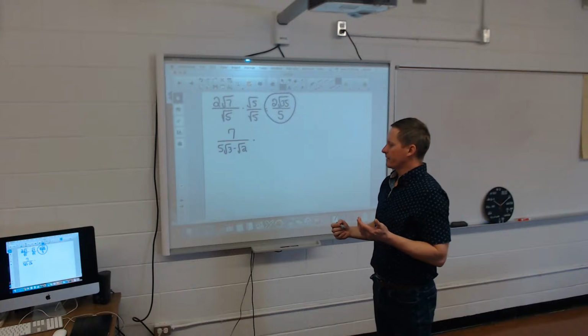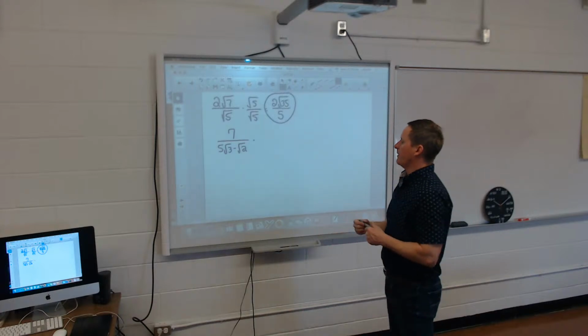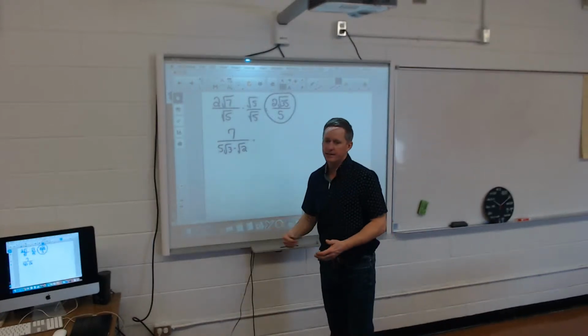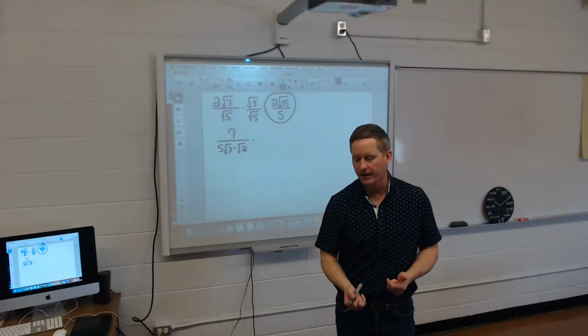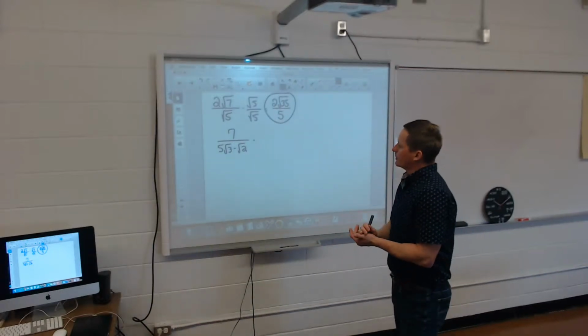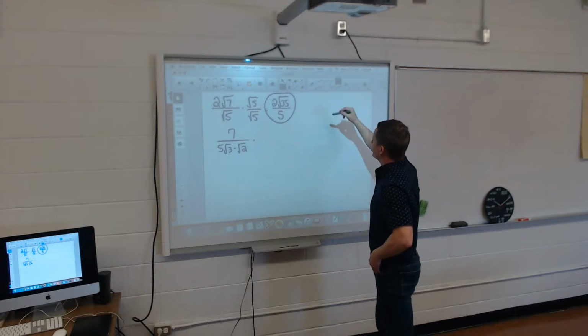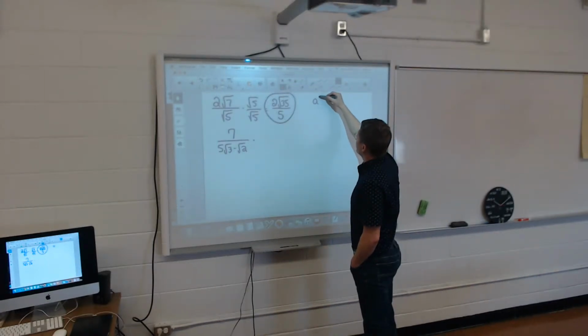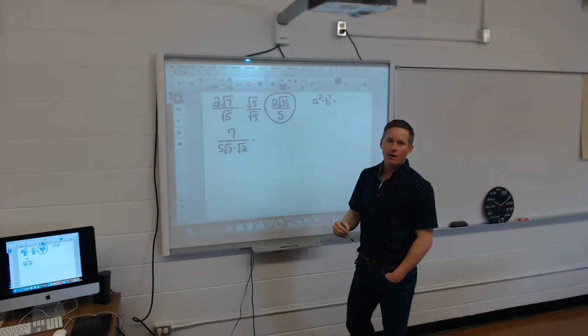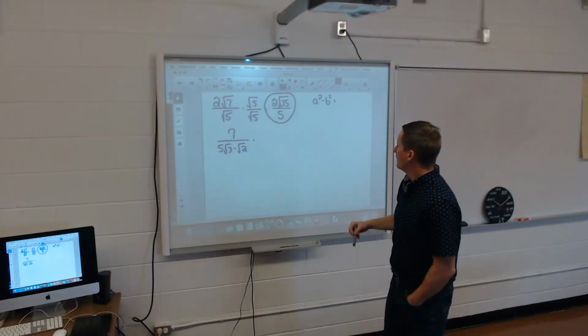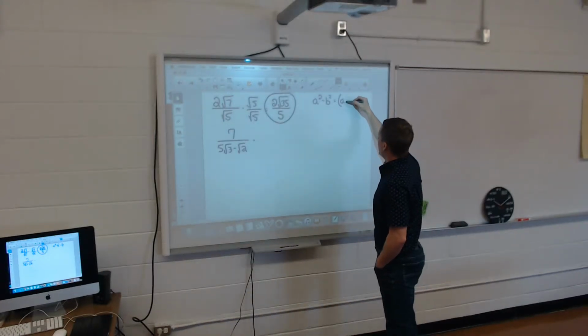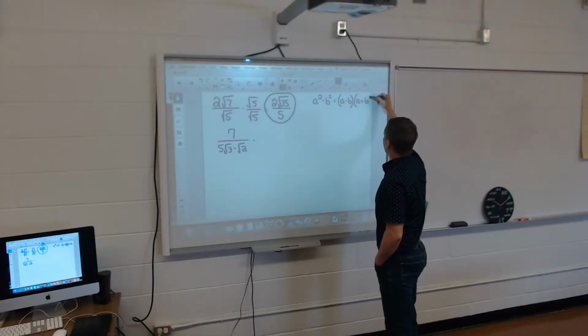Now I'm going to use a couple words here. I want to multiply by the conjugate of this. I want to multiply by its additive inverse. I'm going to show you what both of those mean. It was something we've already done. We talked about difference of squares in the last 2 units. A squared subtract b squared, which works out to a minus b times a plus b.